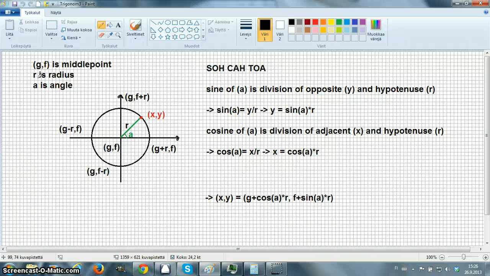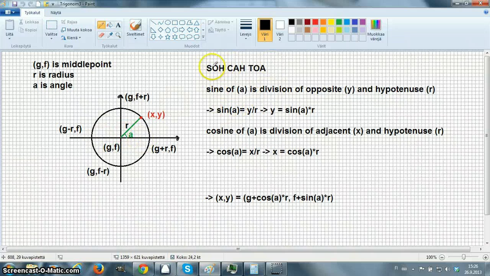So let's call it R, and the angle is A, and the angle is over there. Which coordinates are these points? So we know this length by Pythagoras, what I explained earlier. So we could get x and y from the hypotenuse and the angle.